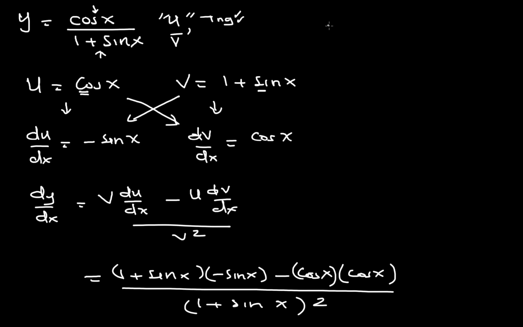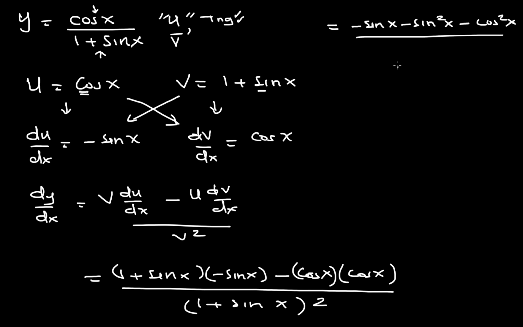Next step is expansion, so we'll continue from here. The next step is going to be expansion on this one. We get negative sine x, and then we get negative sine x squared, or like that. Then this one is going to be negative cos squared x.